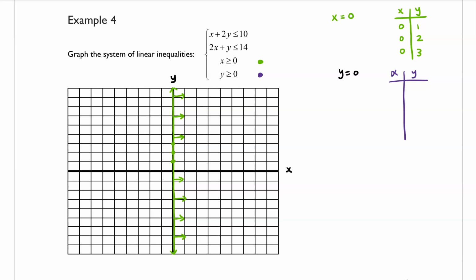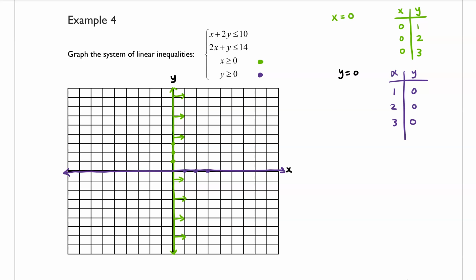So if I were graphing the equation y equals 0, that just means that no matter what I plug in for x, my output would be 0. So if I plotted all of those points and connected them, you'd actually see that the line y equals 0 ends up being our x-axis.